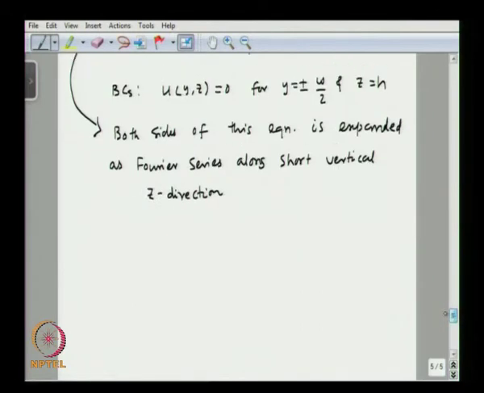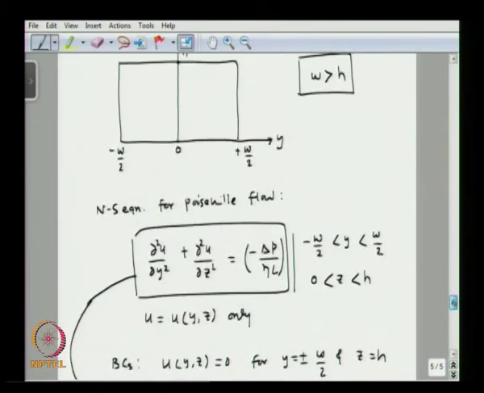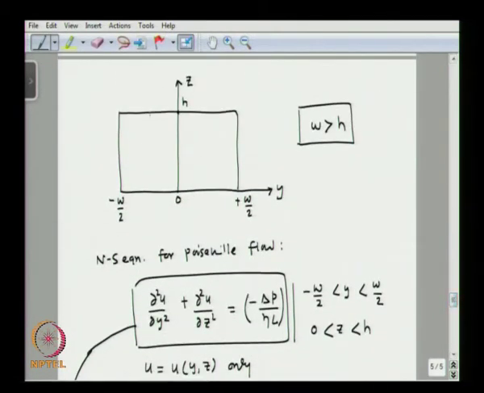And we have to ensure no slip, that means u(y,0) equal to u(y,h) equal to 0. So, the velocity is vanishing both at the bottom and top walls.